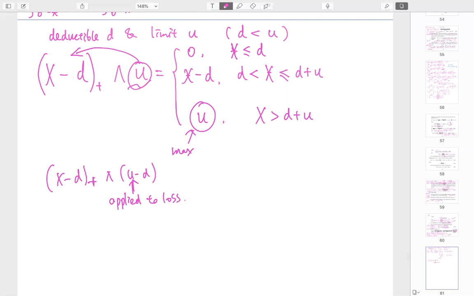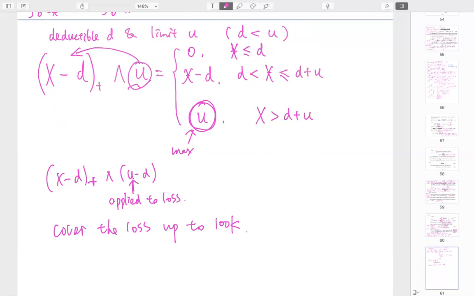So this policy will cover the loss up to 100K, meaning the policy will pay up to 100K.